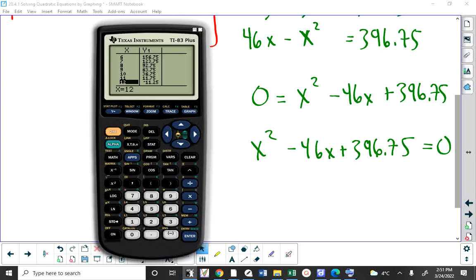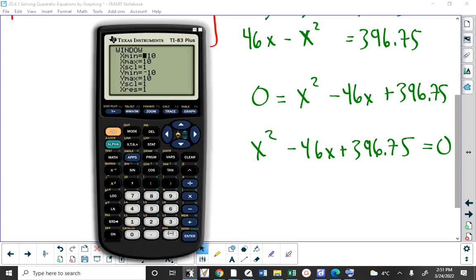That tells me that in my window settings, I want to look in that area. I want to go up to at least that point. And since we know from the behavior of the table that y is decreasing to that point at about 11, it's got to stop someplace and go back up.